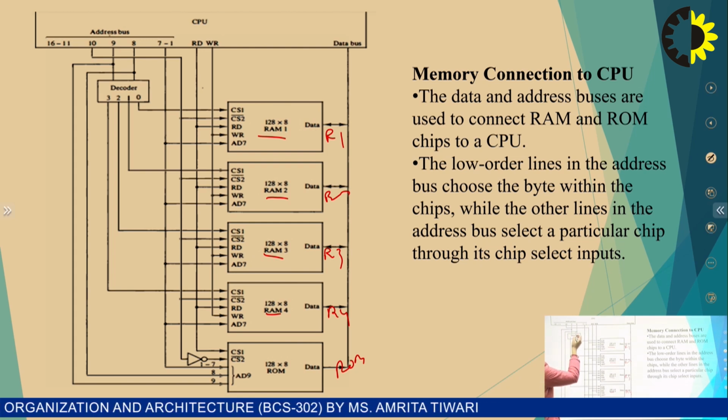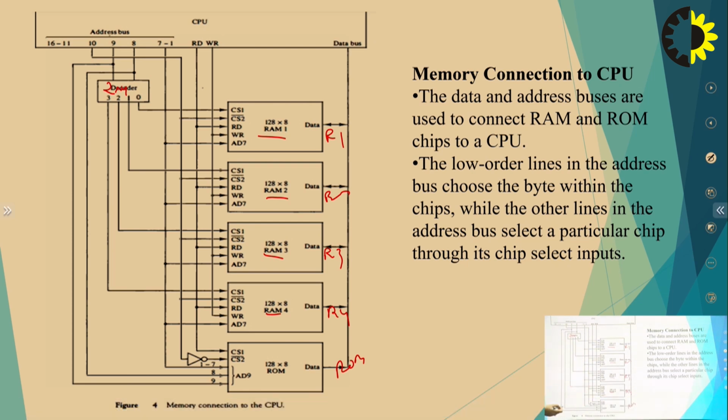So we will take one 2 into 4 decoder, because there are 2 inputs and 4 outputs. With the 9th and 8th bits, the decoder will choose RAM 1, RAM 2, RAM 3 or RAM 4. The 10th bit is joined with the ROM.